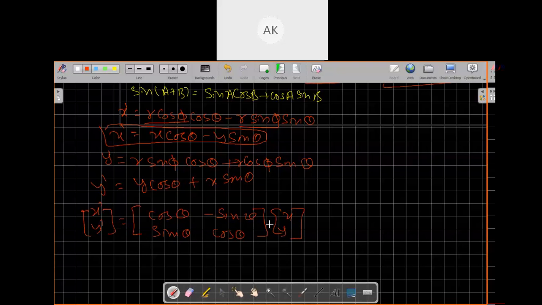In the same way, y dash equals y cos theta plus x sin theta. So we have simply written our derived equation in the form of a matrix. As you can see, we rotate our object in the anti-clockwise direction.